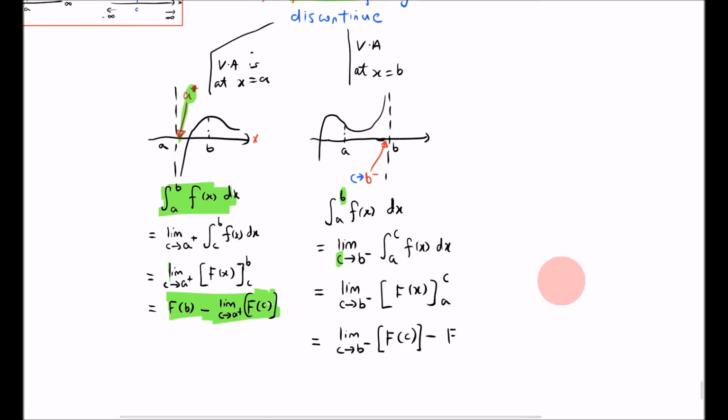So similarly, I will encourage you to write this in your cheat sheet. So this is your formula. Of course, you must recognize that b is your asymptote, which gives us the infinity discontinuity.